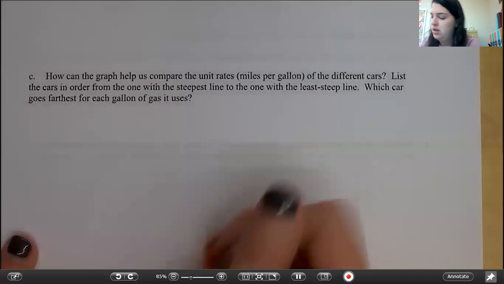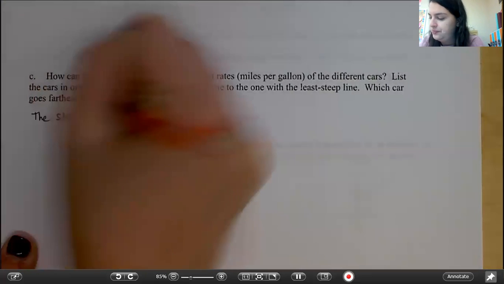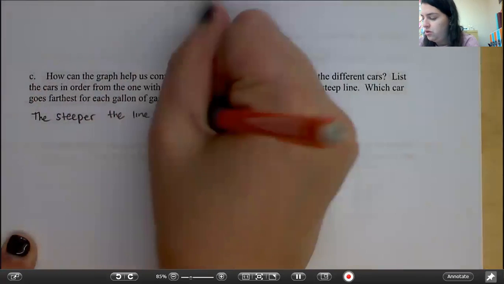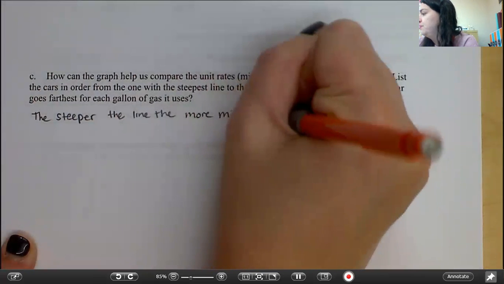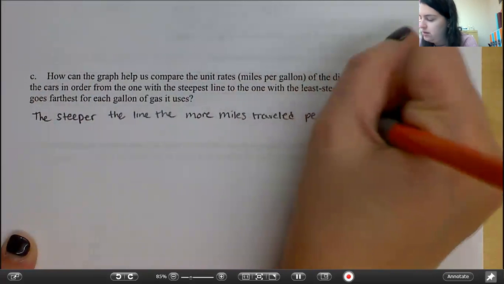So, in general, the steeper the line, the more miles traveled per gallon of gas.